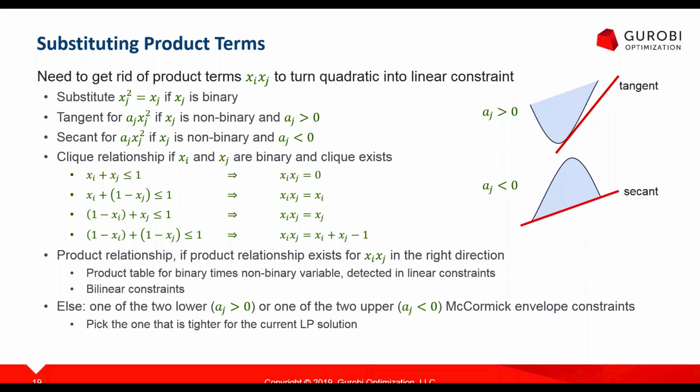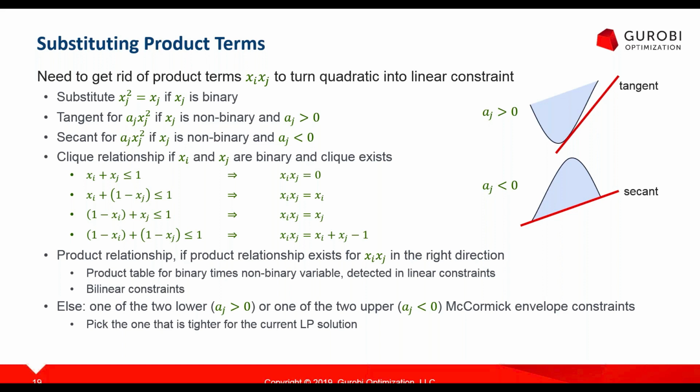Okay, so now the other case is that we really have an xi and xj that are different. So i is not equal to j. Again, several cases we can consider. So first case is both variables are binary. And now assume that there is a clique in which both variables appear.